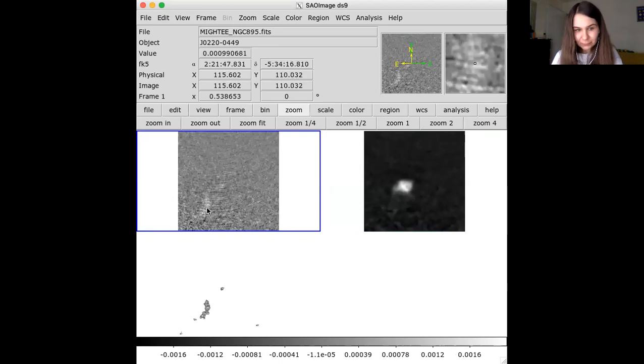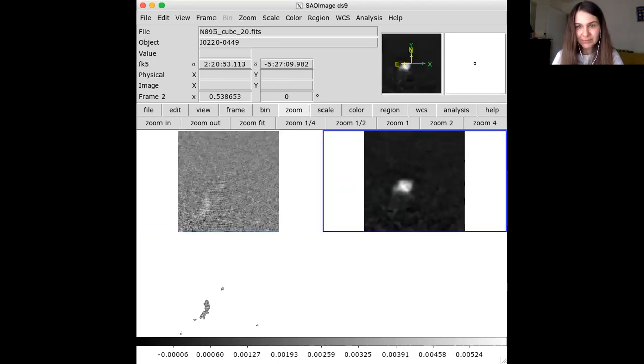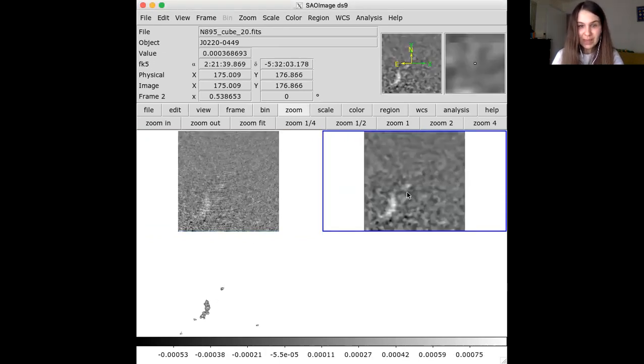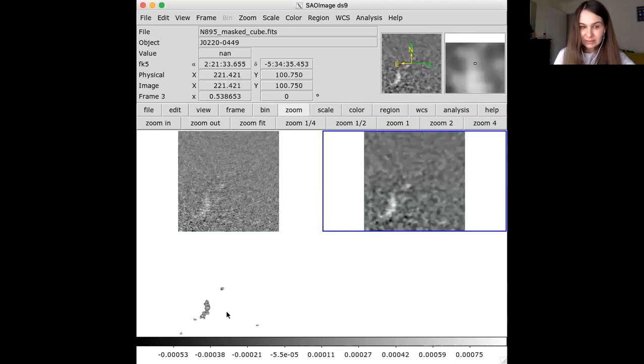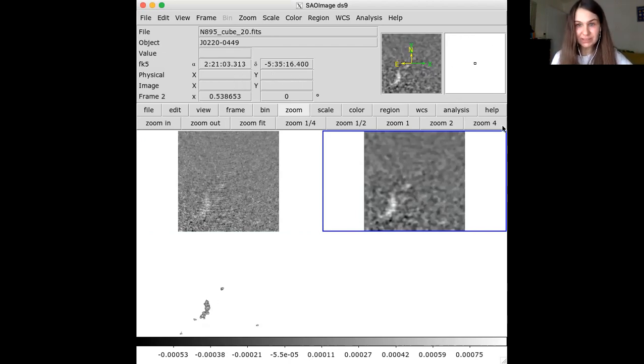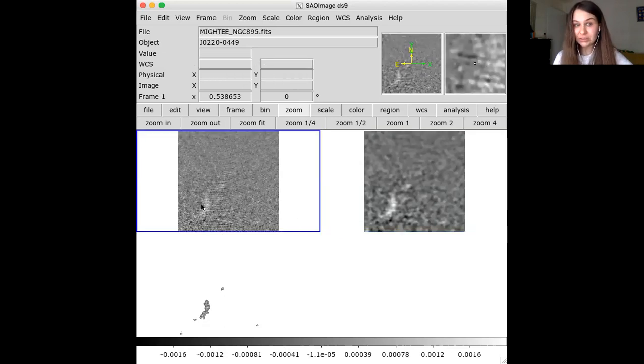So this tail, which we saw here barely, and this tail, which we see here, these pieces of the tail made it to be above 3 sigma in this cube. If we would do it in this cube, none of the tail features would make it.